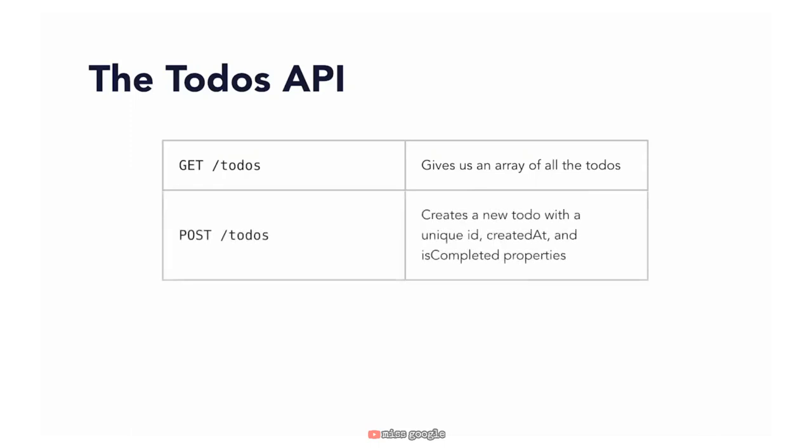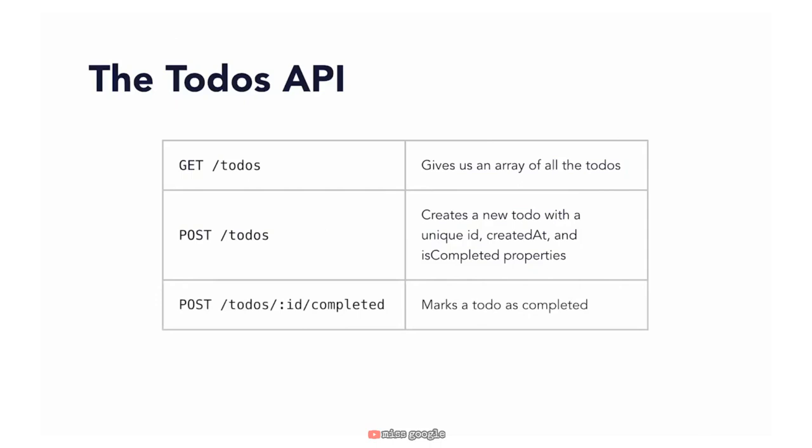We can send a POST request to todos with a payload that contains the text, and the server will use this text to create a new to-do in its in-memory database. It'll also add a new unique ID property, as well as createdAt and isCompleted properties, and return the entire to-do item, complete with ID, text, isCompleted, and createdAt properties as the response to our request.